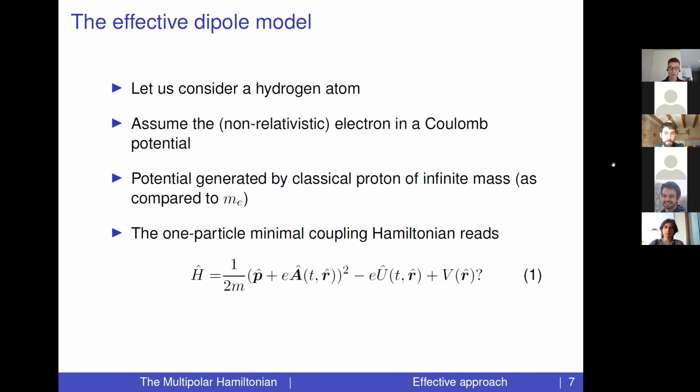Now here we are not assuming a particular gauge, so we can choose the Coulomb gauge, but in this form here, we didn't choose anything so far. And so this is just a one particle minimal coupling Hamiltonian. This is what I mean by effective, that in the end, even though in principle we are considering a two particle system, we are only really considering one quantum degree of freedom associated with the electron.